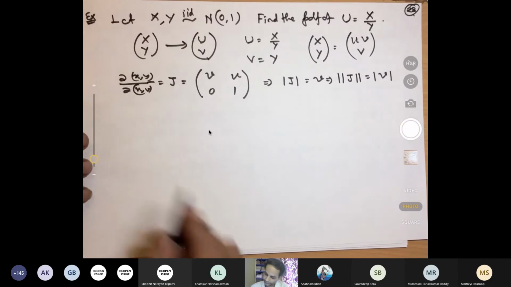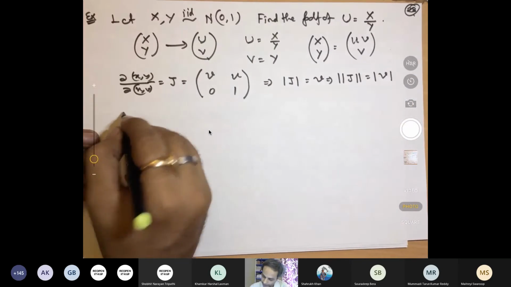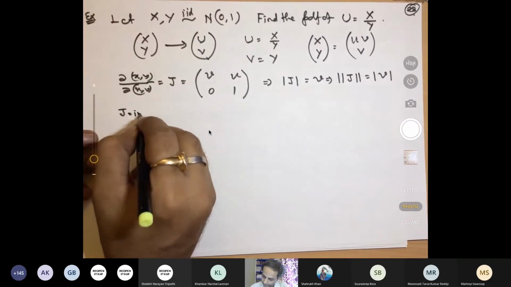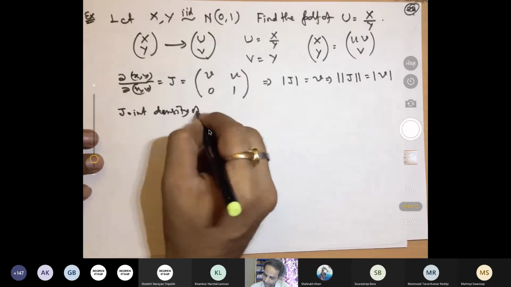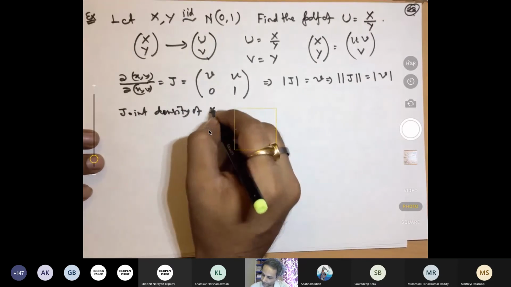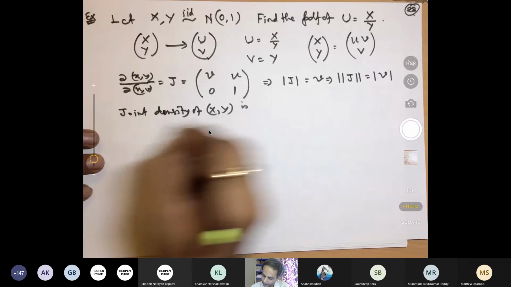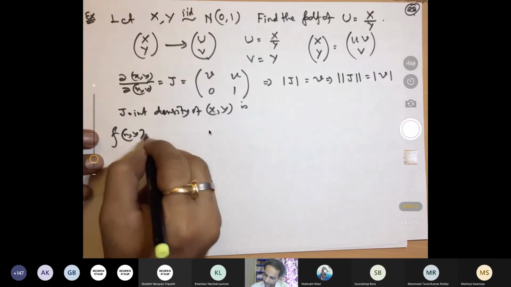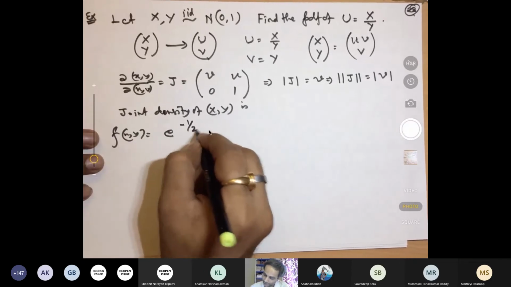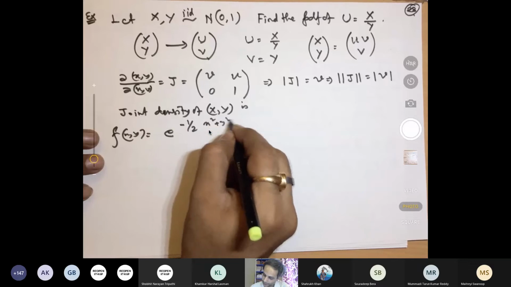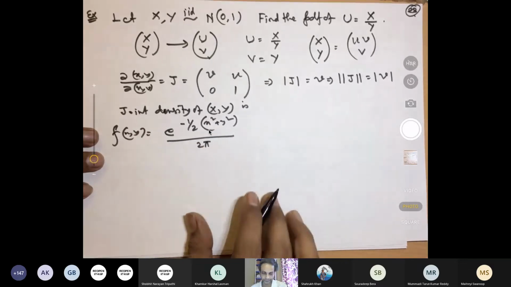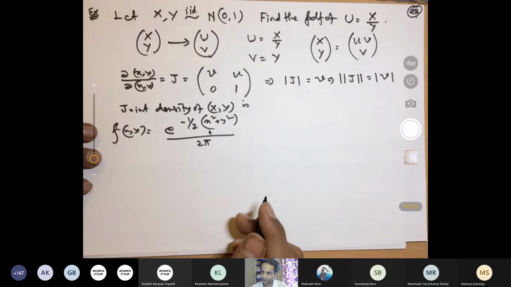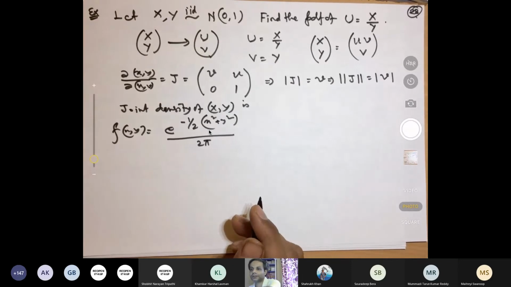Now routine job. The joint density of xy is f(x,y) equals e to the power minus half (x square plus y square) divided by 2 pi.